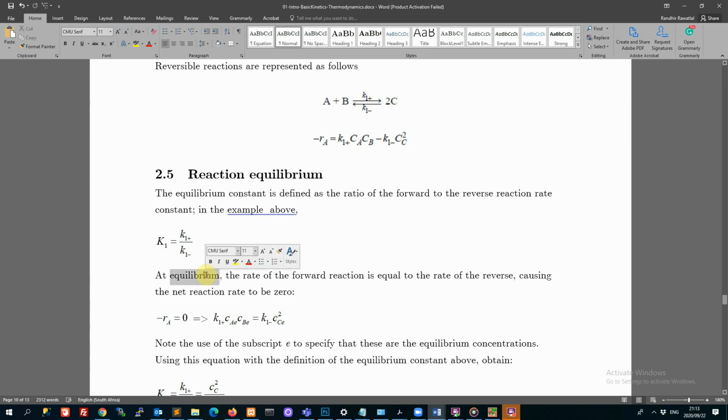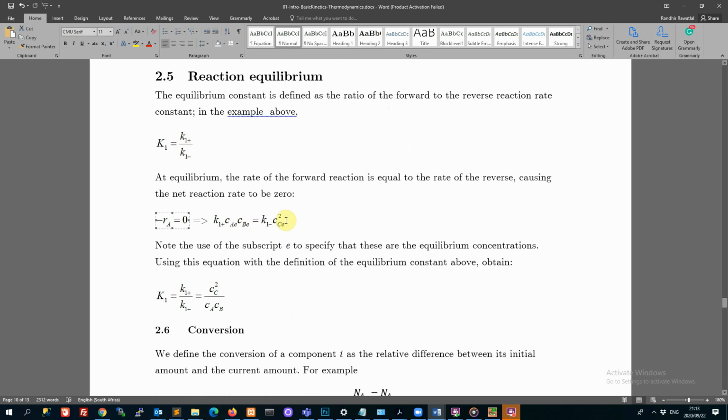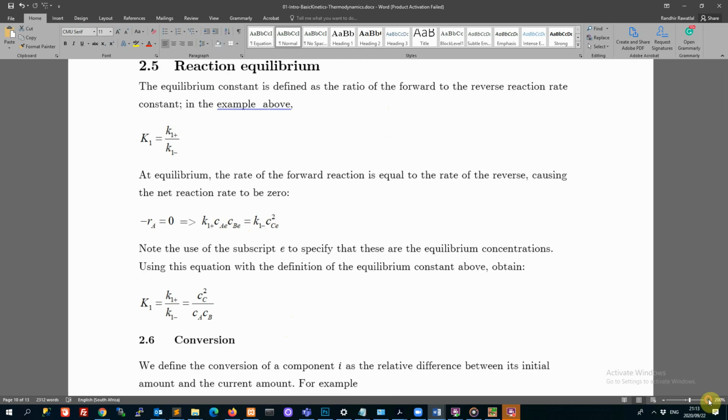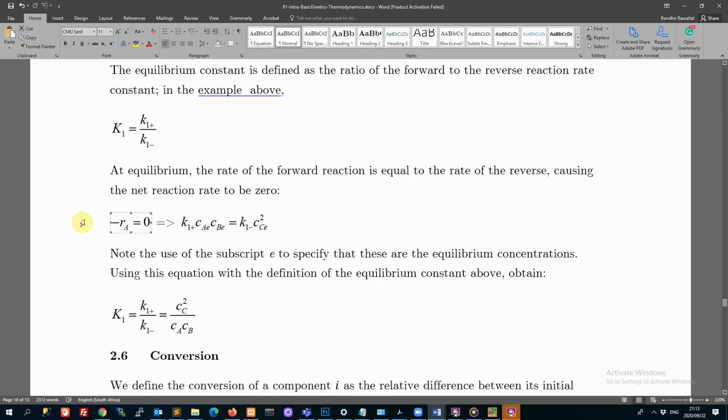That's what we call the reaction equilibrium. At this reaction equilibrium, we have the special state where the net RA is 0, and we can say those two rates are equal. We can use a subscript little e to signify that that's the equilibrium state. So that's the special state of equilibrium.